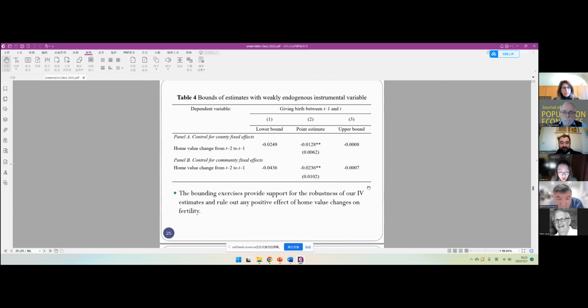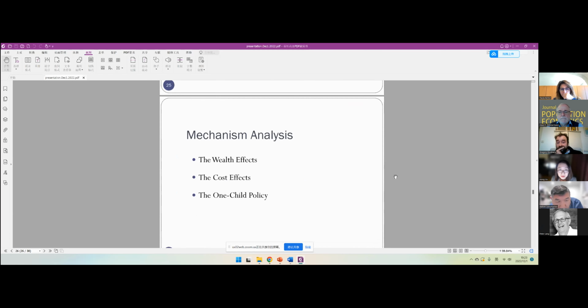This approach allows the instrument to be a potentially imperfect IV and estimates the lower and upper bounds for a consistent estimator under weaker assumptions. This exercise provides support for the robustness of our IV estimates and rules out any positive effect of home value changes on fertility.